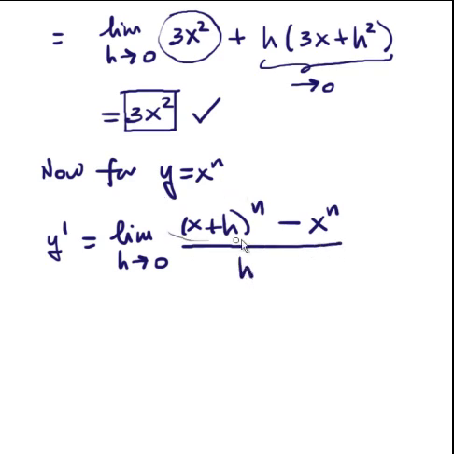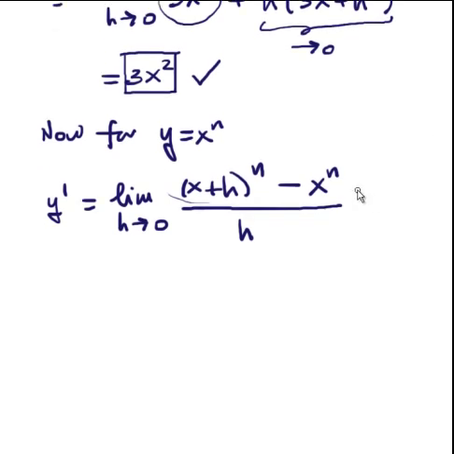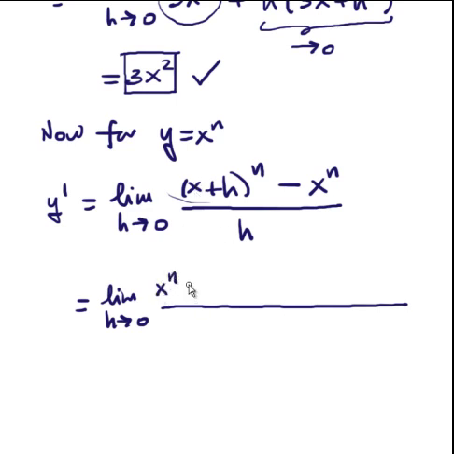Now, expanding this, we have a rule called the binomial expansion rule, which we could use to expand that. So I'm going to use part of the binomial expansion rule, just how it begins. It begins with x to the n, and then the second term is n, and then we have an h and x to the n minus 1.